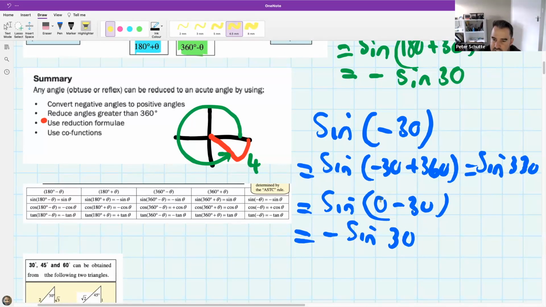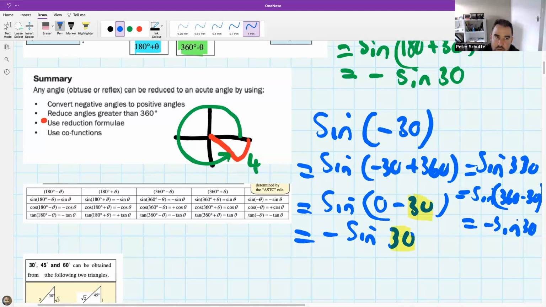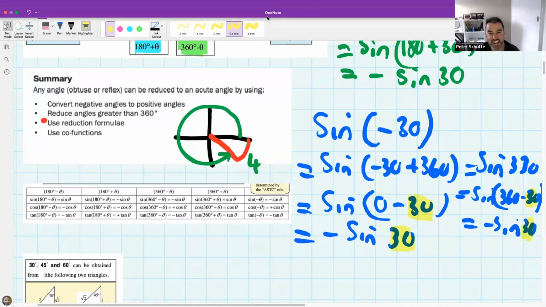You can see here I used 0 as a horizontal, so I could just get the 30 like that. Or if I have the sine of 330, I can rewrite it as sine of 360 minus 30, and then you can see it's going to be minus sine 30. So both ways give you the same answer. That's what we call reducing a negative angle.